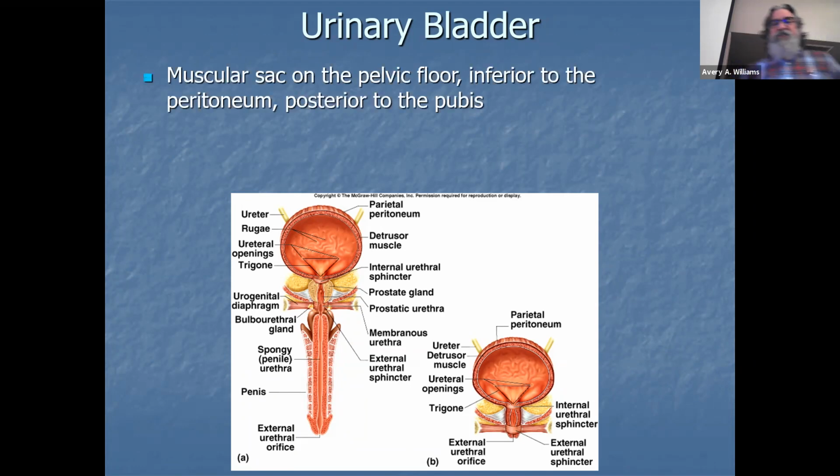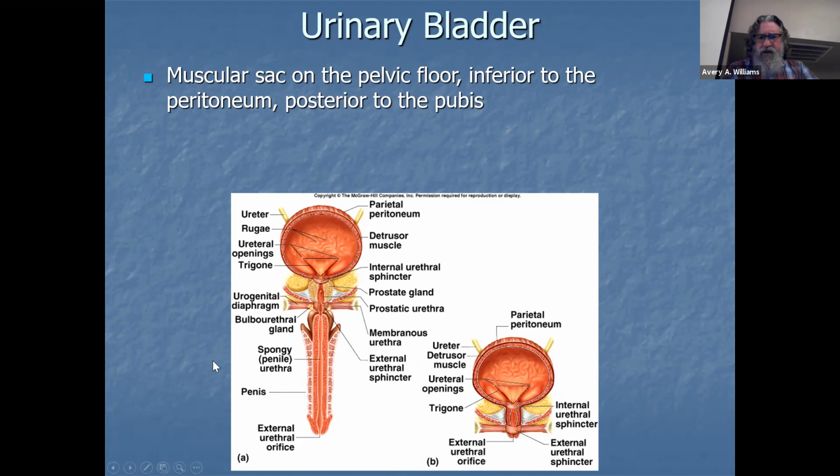But anyway, speaking of the urinary bladder, structures of it. I define it as a muscular sac on the pelvic floor, inferior to the peritoneum and posterior to the pubis. Remember, the peritoneal cavity is formed by the peritoneal sac, and it dips down into the pelvic cavity, but it doesn't go all the way down.